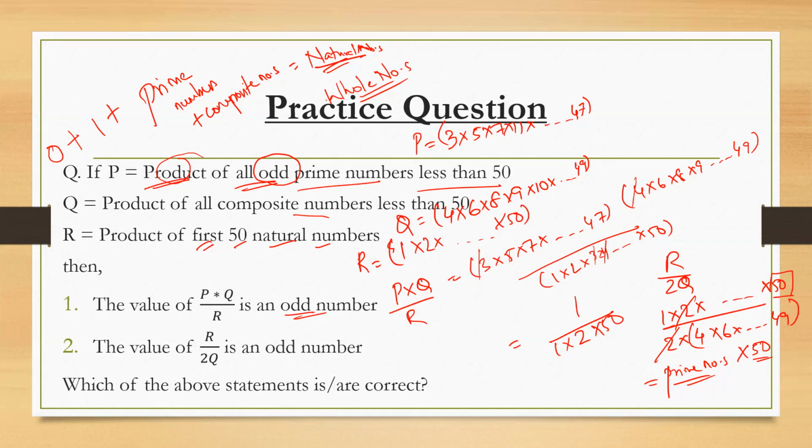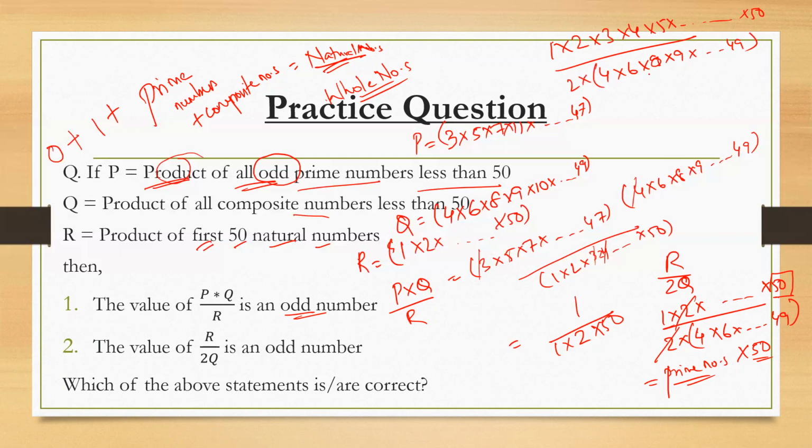Is this clear to everyone? Just think about it simply: if you expand this, it will be 1 into 2 into 3 into 4 into 5 like this till 50. What you are doing is taking away 4 into 6 into 8 into 9 like this till 49.